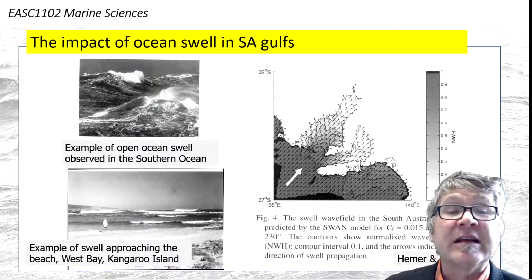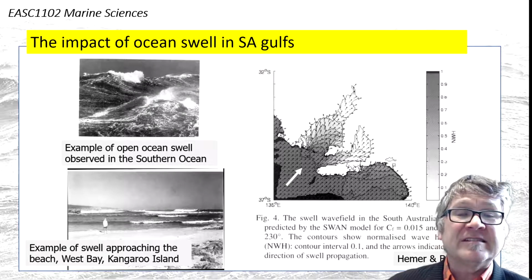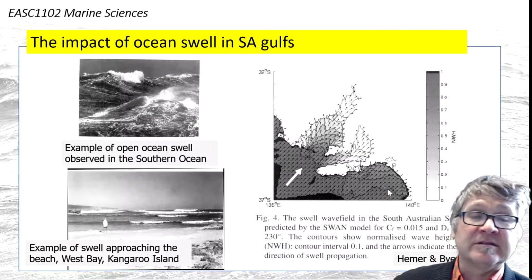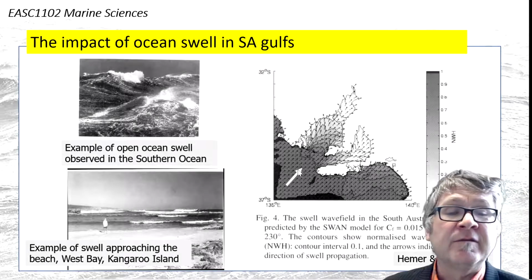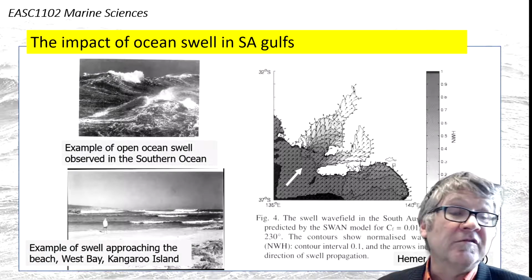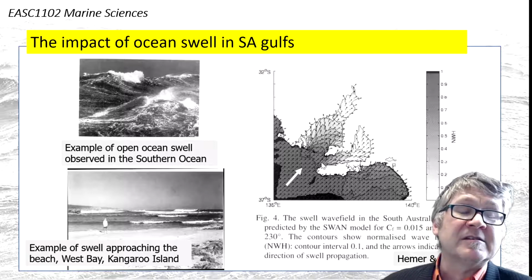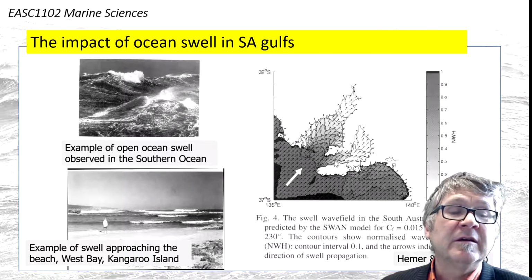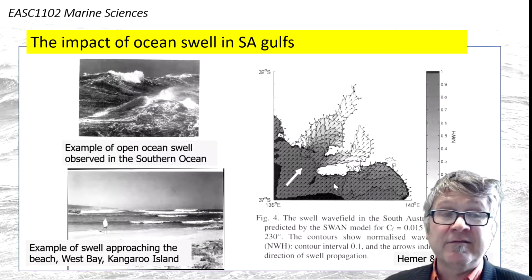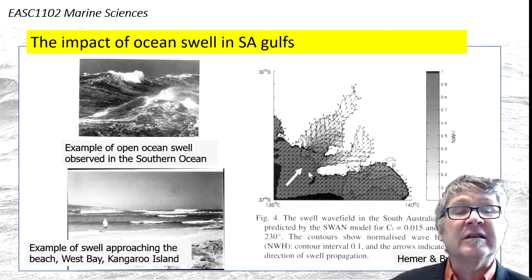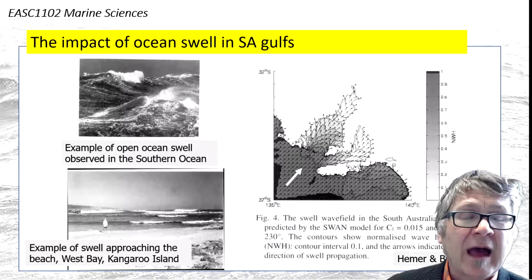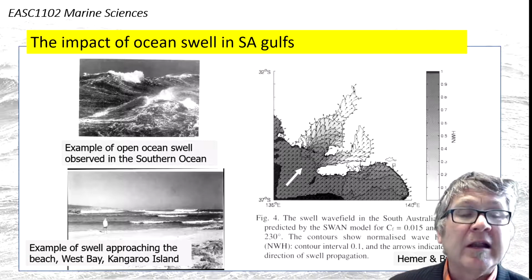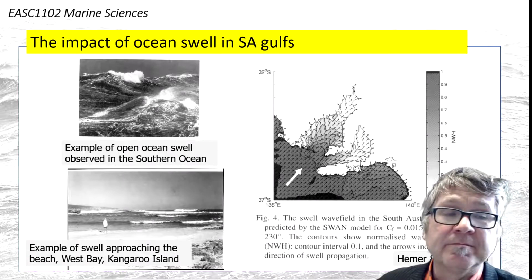So the swell actually has to come from the southwest, and this is shown in this diagram here, and only in that case you can have some influence in Spencer Gulf, mainly because Kangaroo Island blocks most of the Gulf St. Vincent region.